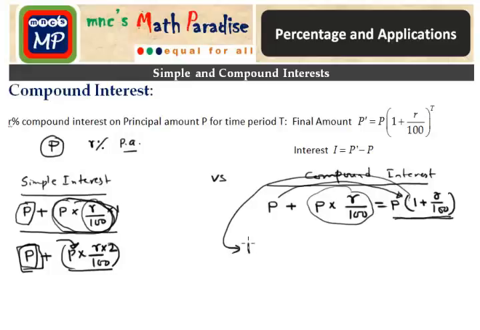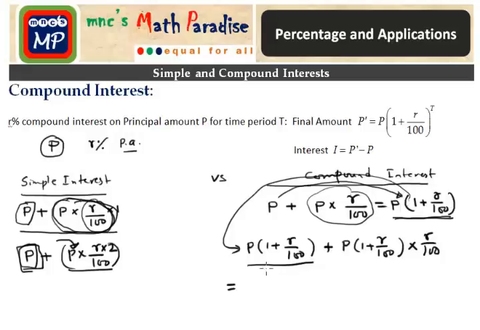So this is the principal amount, P times 1 plus R division 100, and then on this principal amount interest, R% interest over 1 year. So this is the principal amount now, and R% interest means R division 100.